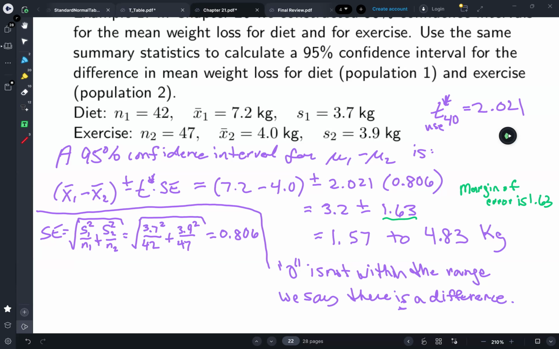It's close, but no, it wouldn't count as zero because it's positive. It's over the zero. If it was negative 0.57 to positive 4.83, then you would have zero in there and you would say that there's no difference between the weight losses.